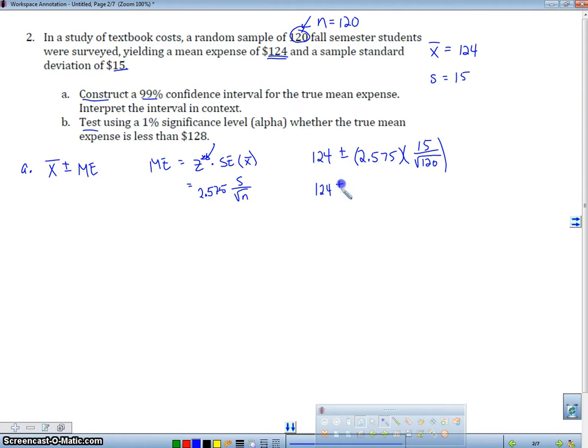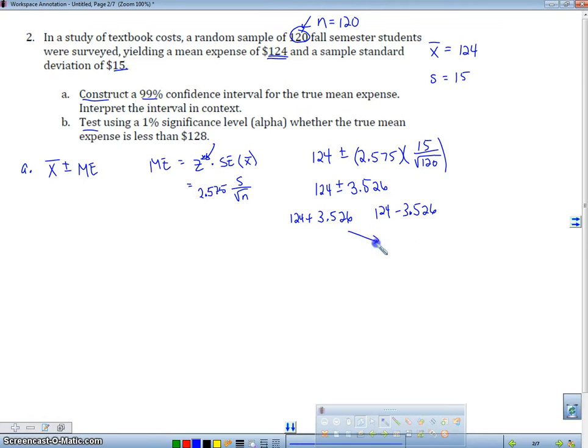So 124 plus or minus, we'll enter that in our calculator. We'll get 3.526. So we'll do 124 plus 3.526, 124 minus 3.526, and remember that the plus one is going to actually go second. I don't know why I put that there, but the plus one's going to go second.